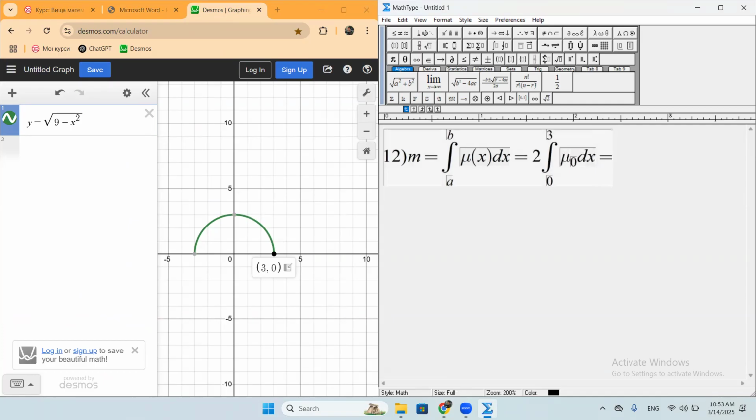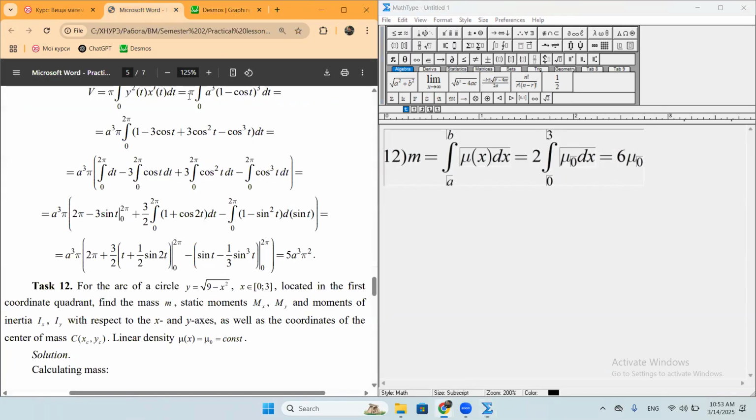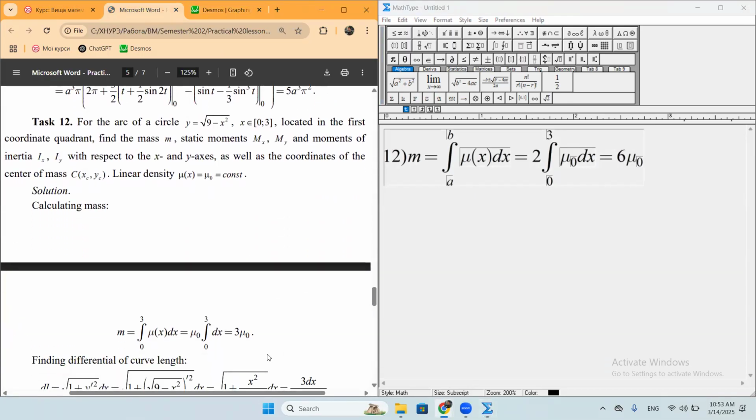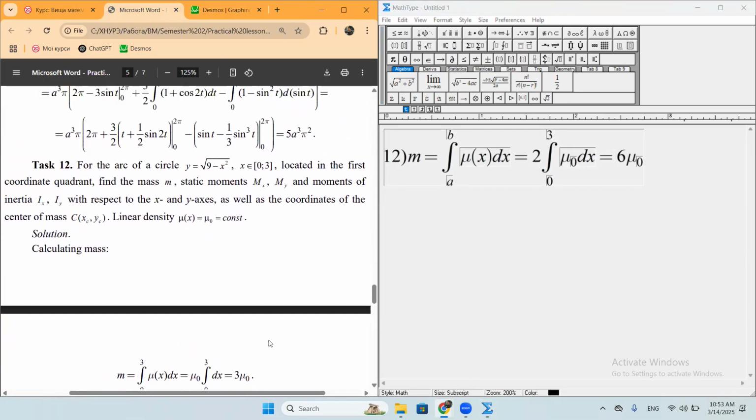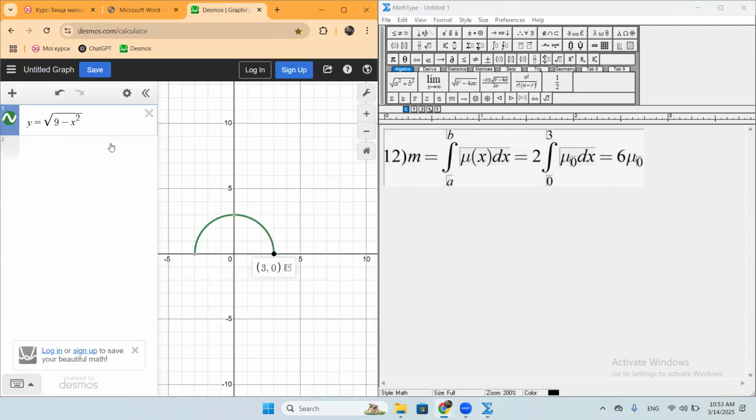So actually it will be equal to 3 mu 0. X from 0 to 3. So we calculate only for the quarter of the circle, so we don't multiply by 2. So my bad. And now everything is okay.